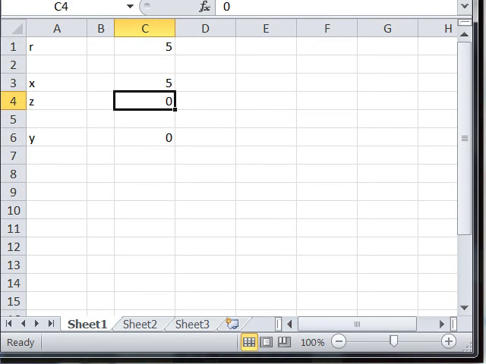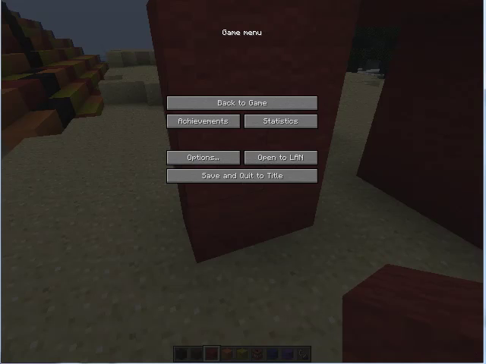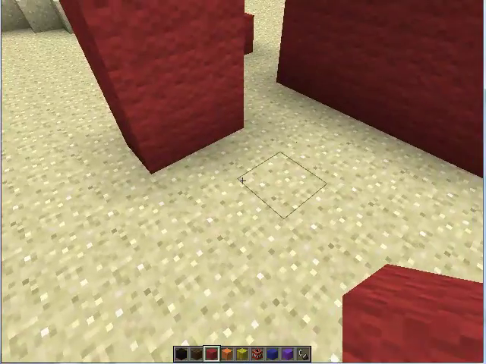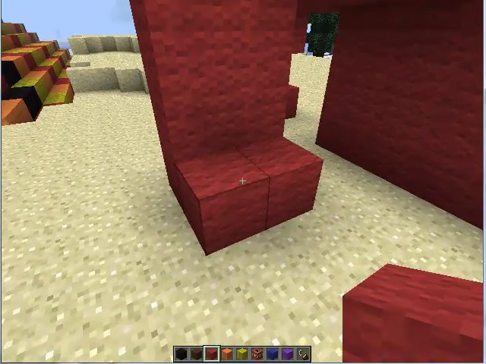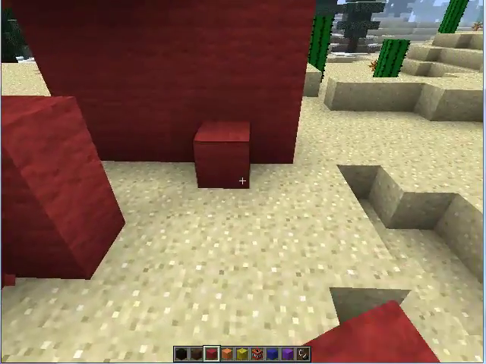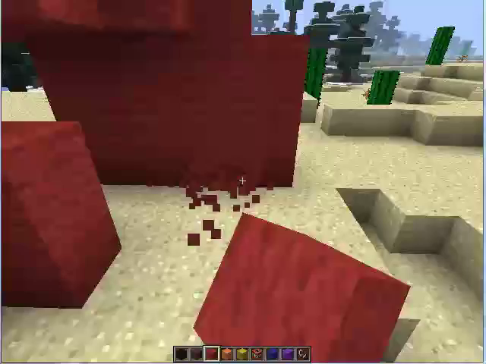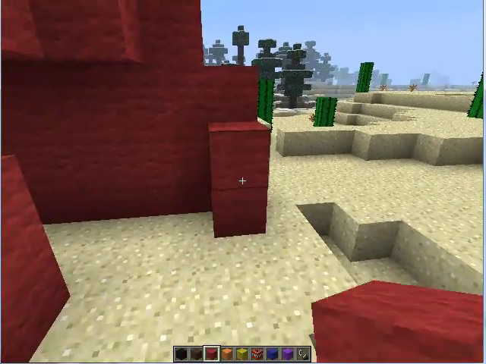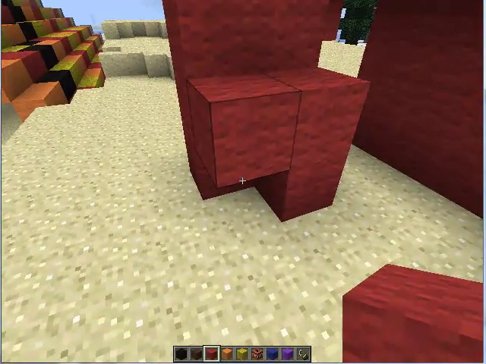Now, let's look at 4, 1. And at 4, 1, we're going to be at height 2. Wait. No, that was 3, 1. We want 4, 1.